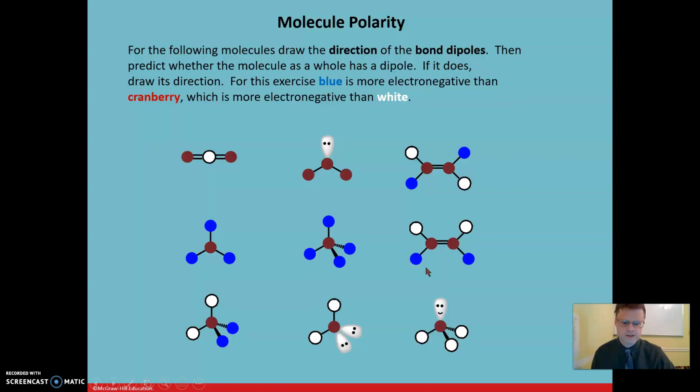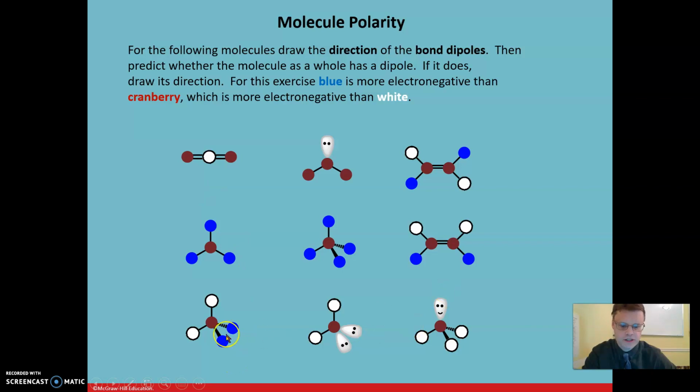Okay, so let's try a little exercise here. So here I've drawn some molecules where I've replaced the actual identity of the atoms with colors that are meant to represent their relative electronegativity. So blue is the most electronegative atom, cranberry is kind of middle in electronegativity, and white is the least electronegative.